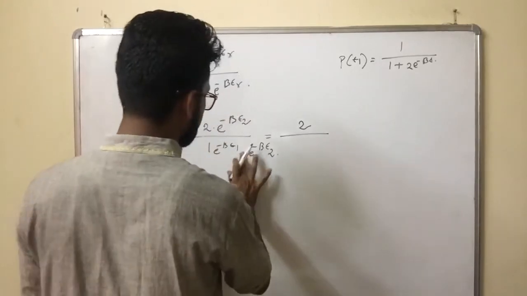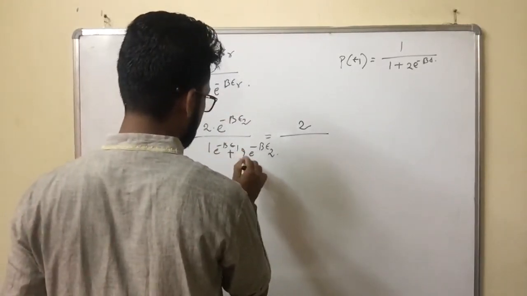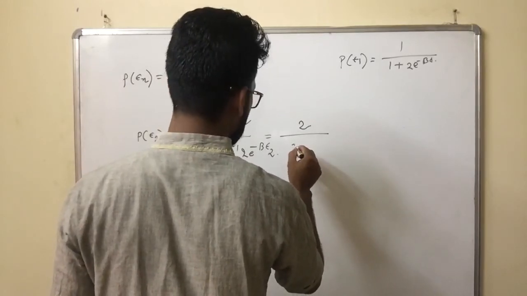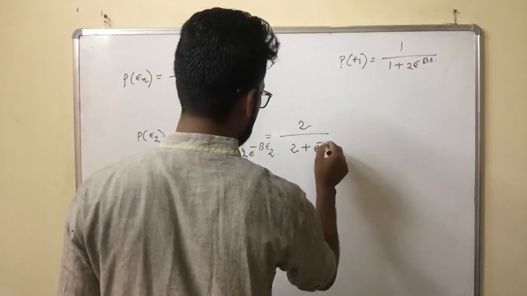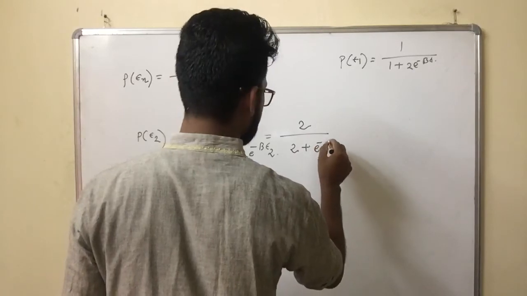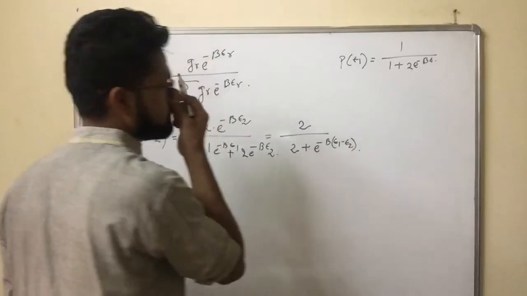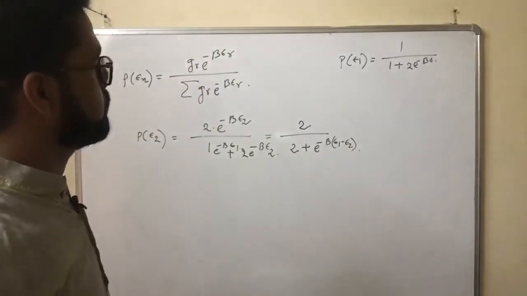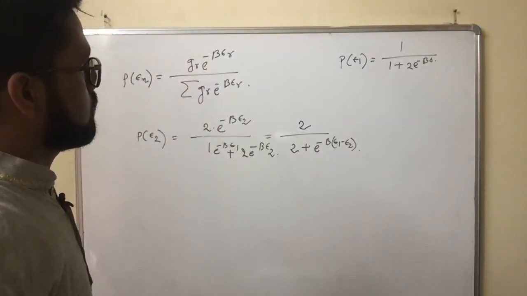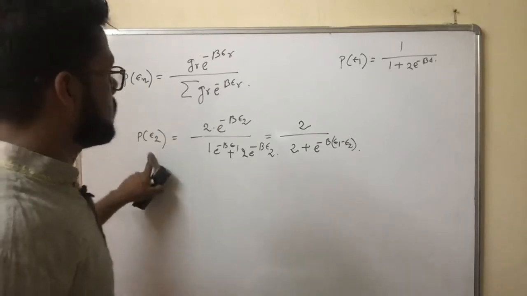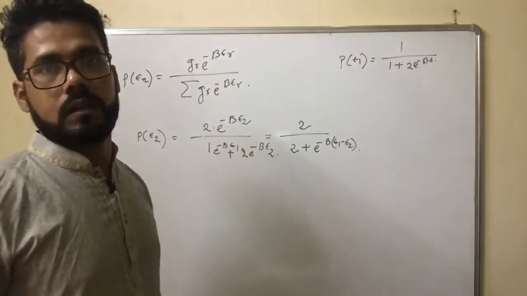Oh, sorry, 2 is missing, 2 is there. 2 over 2 plus e to the power minus beta (E1 minus E2). You can see it. Okay, this is the probability in state 2, as opposed to the probability in state 1.